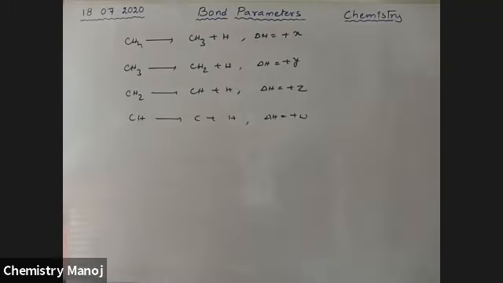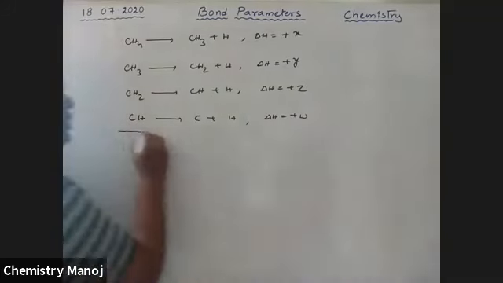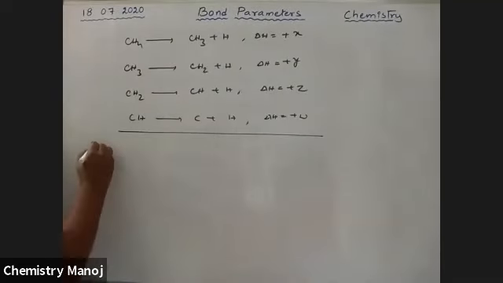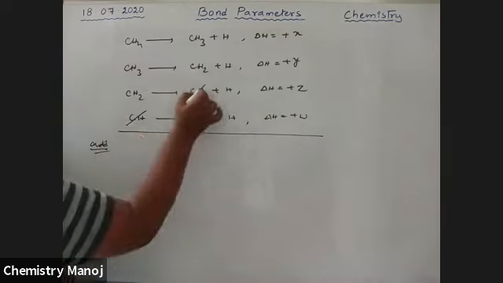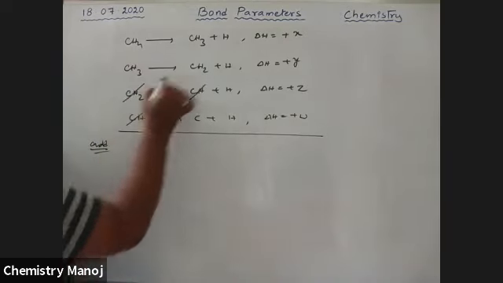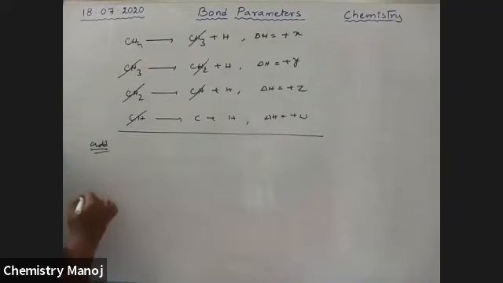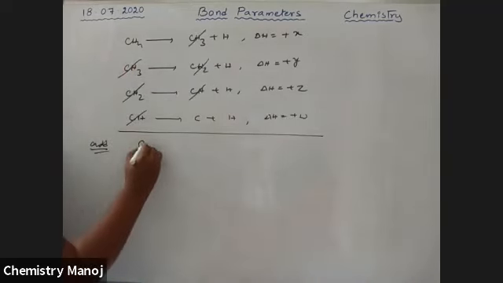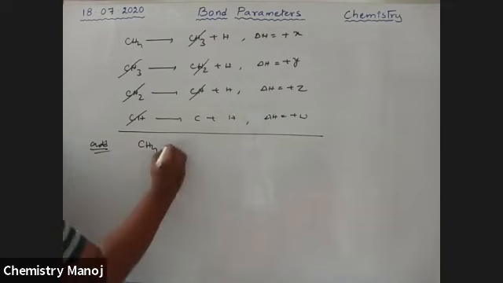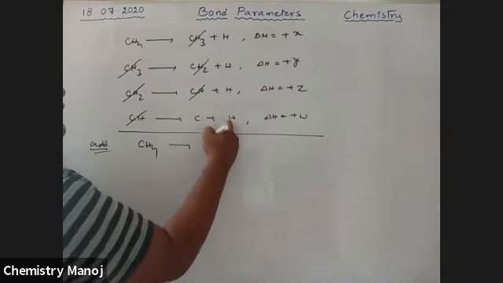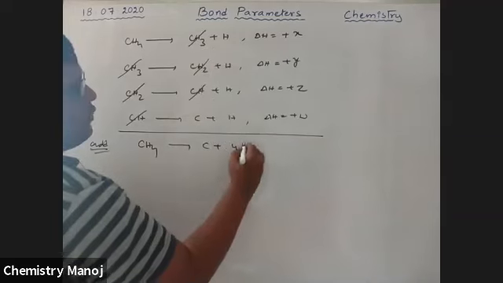So already I explained to you. Now I want to add all these. This CH is in reactant side, this CH is in product side. This CH2 is in reactant side, this CH2 in product side. This CH3 in reactant side, this CH3 in product side. Therefore, in reactant side, only CH4 is there. In product side, there is C plus H plus H plus H plus H, that is 4H.